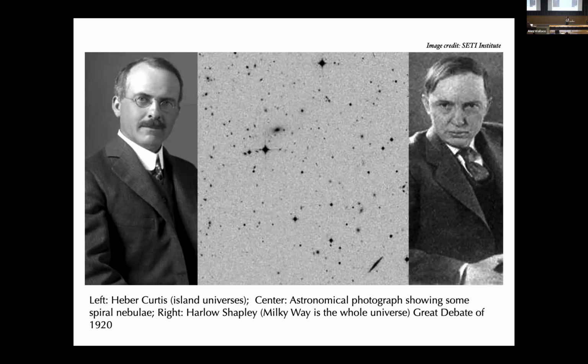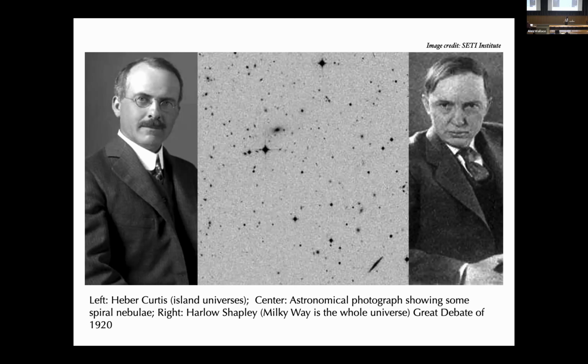So if we go back to the 1920s, there was the Great Debate, where these two scientists, one of them the director of Harvard College Observatory, Harlow Shapley, believed that the Milky Way was the whole universe. And Heber Curtis believed that these little things that they called spiral nebulae, which we now know are galaxies, were basically just like the Milky Way. So the Milky Way was only one of many in the universe.